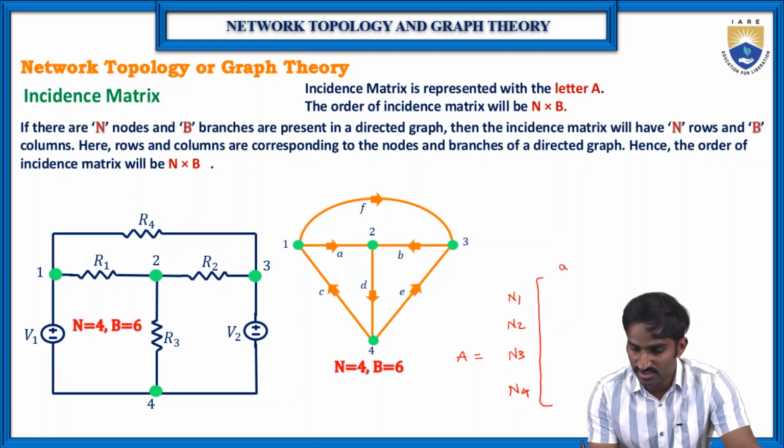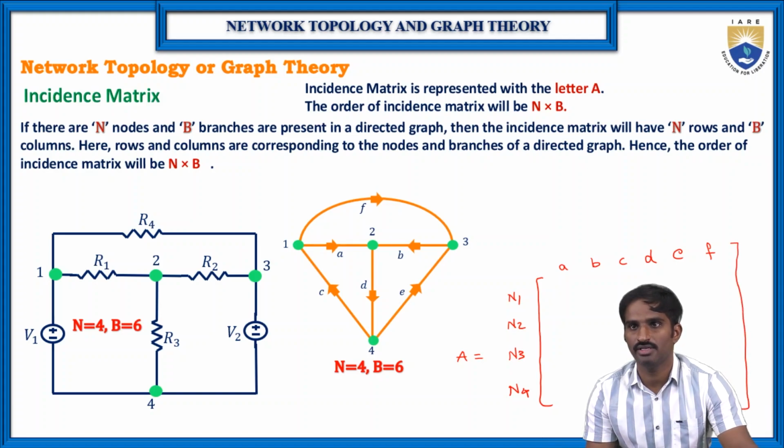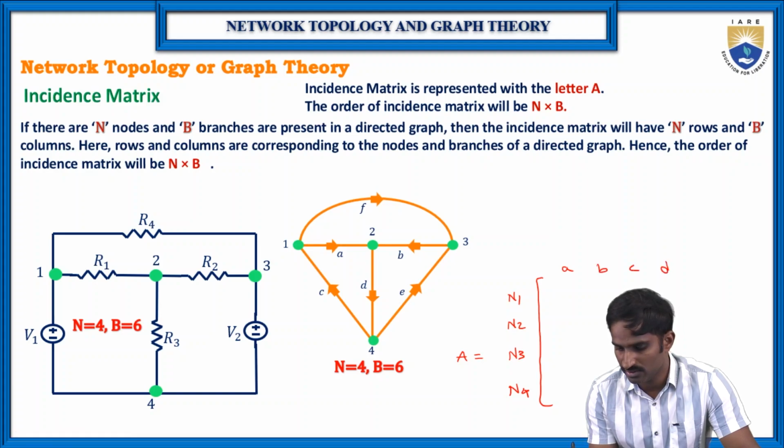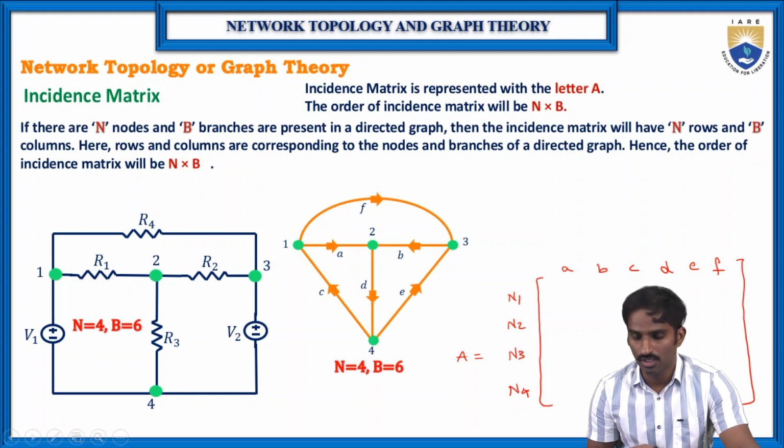These are the columns: A, B, C, D, E and F. This is the matrix, right? So let me draw it here clearly. A, B, C, D, E, F. Now we are going to write the elements in this matrix.